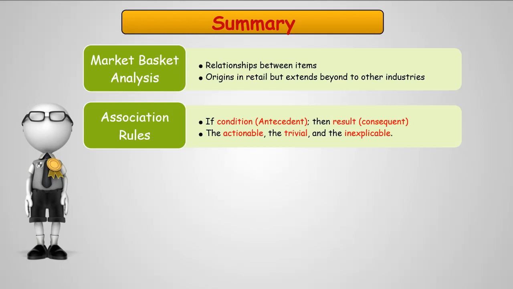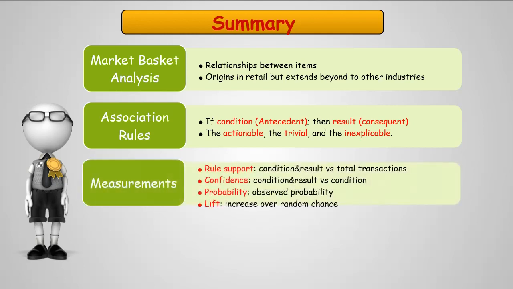Actionable, trivial, and inexplicable are the types of rules you're going to see generated. For measurements, we have rule support, the condition and result versus total transactions, our confidence in that rule, the probability of it being observed, and the lift, the increase over random chance.